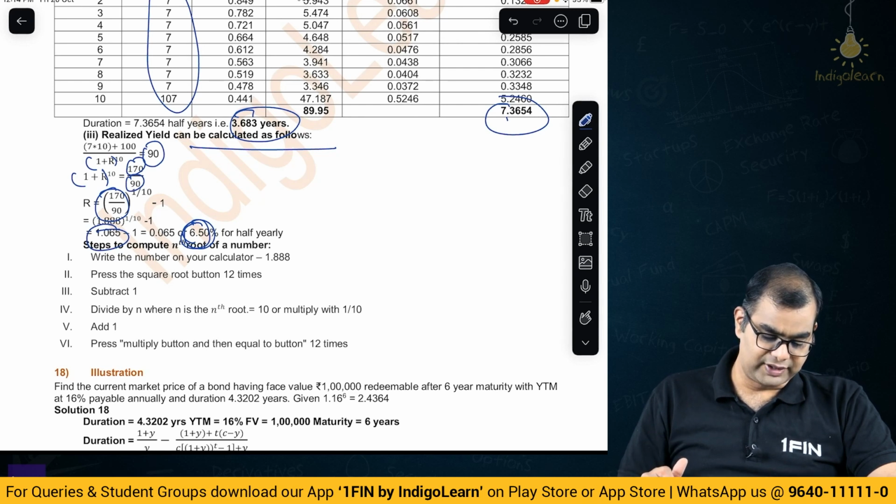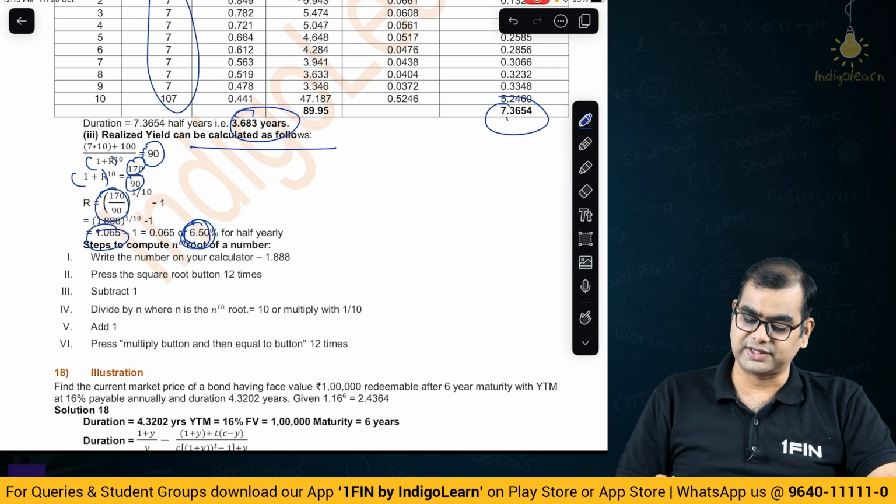Divide this by n, where n is the nth root, so you divide this by 10. Then you add 1 again. Then you press multiply and equals 12 times: once, twice, thrice, 4, 5, 6, 7, 8, 9, 10, 11, 12. So you get a value 1.06556.